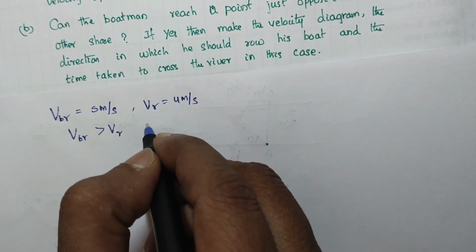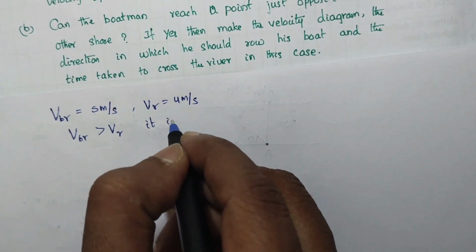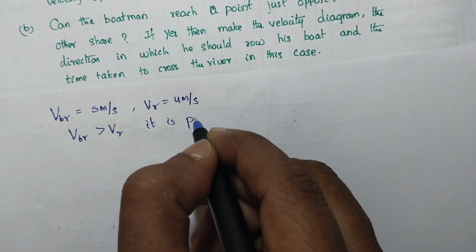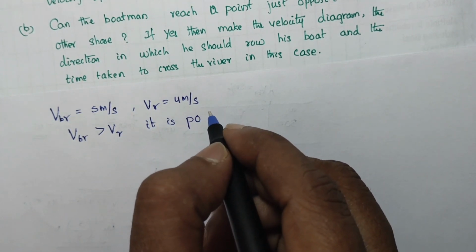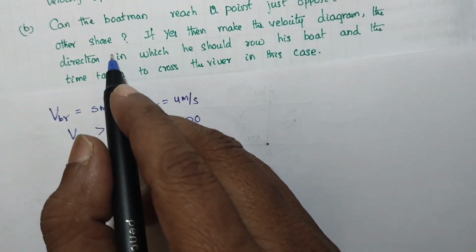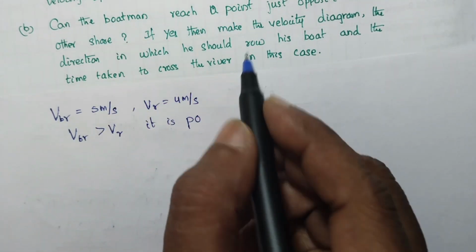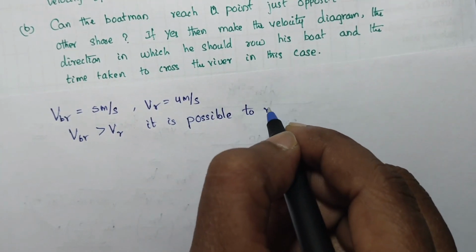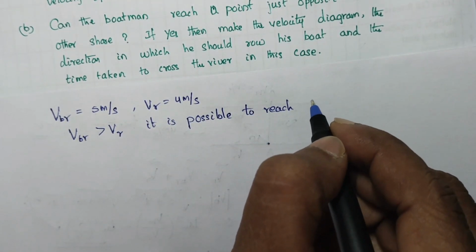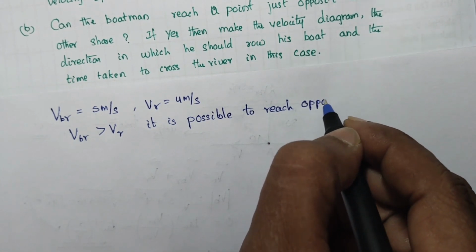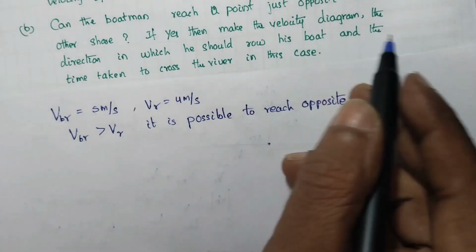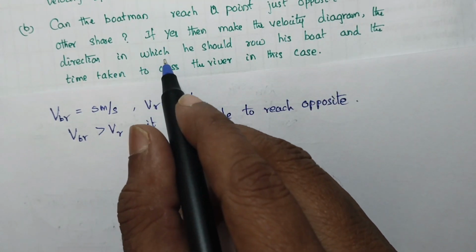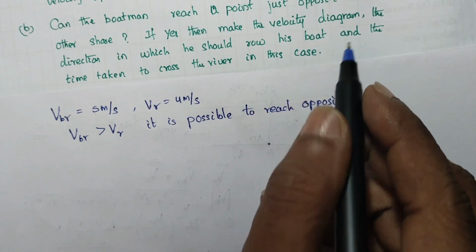So it is possible. And if yes, then make the velocity diagram and find the direction in which you should row.